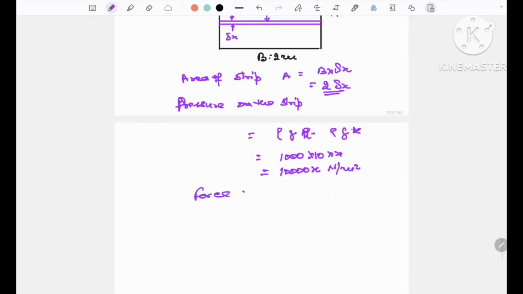Force on strip, F is equal to P into A, 10,000 x into 2 delta x, 20,000 x delta x Newton.